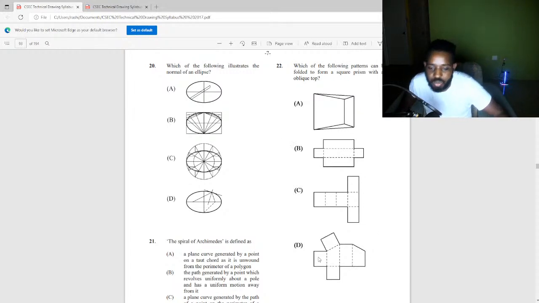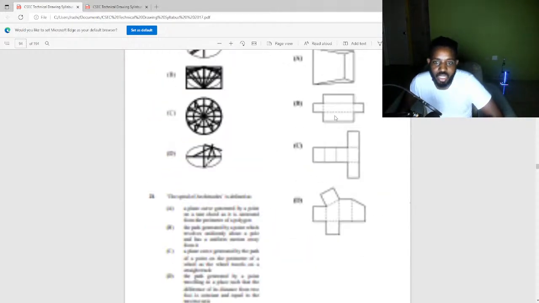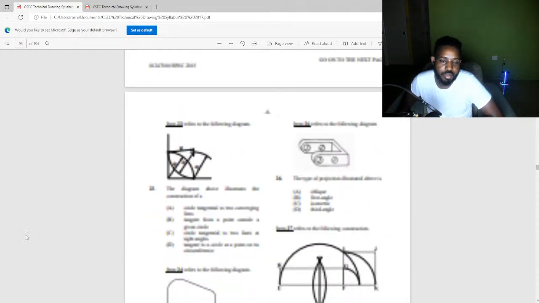And the answer for that would be D. You have the 4 sides, 1, 2, 3, 4, the base, and then the lid, which is oblique. This one would have the base, 4 sides and a lid, but the lid would not be oblique. This doesn't have a lid. This isn't even a square prism. So the answer for that was D.